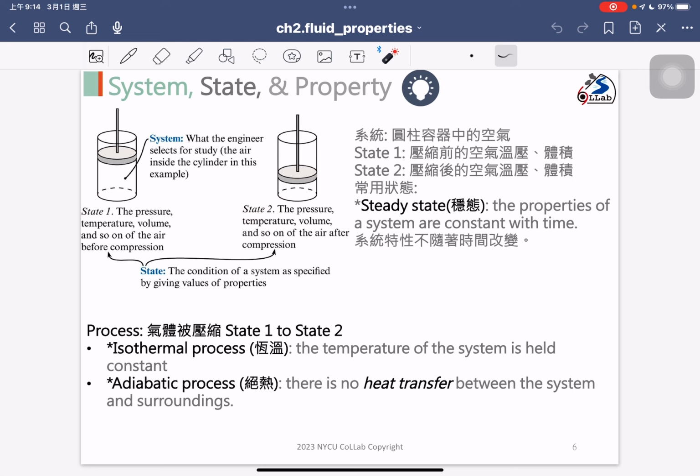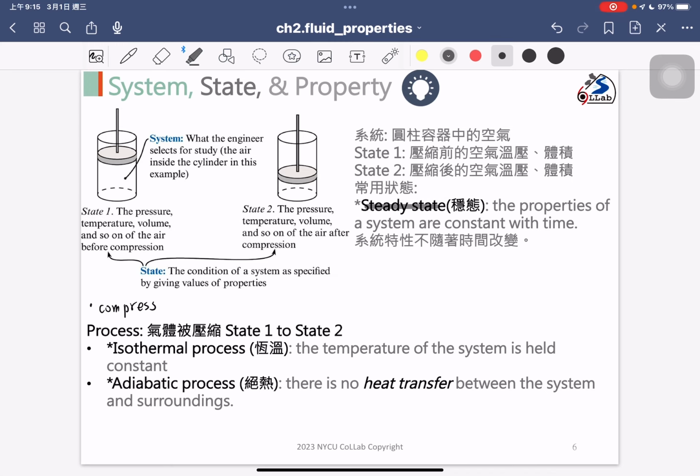We should define, starting from state 1 to state 2, what process we have. We already know the process: first we do the compression, right? But we should define what state to describe first during the compression process. Under the compression process, we can call the state the steady state.